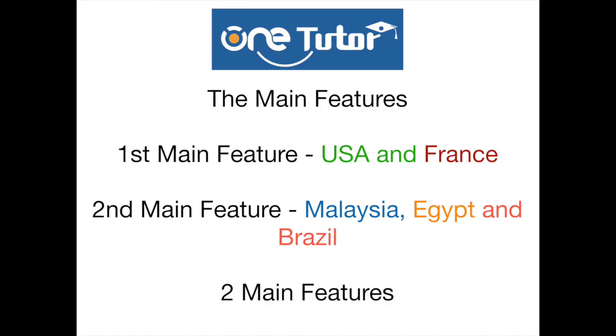So that's possible. And the other main feature: Malaysia, Egypt, and Brazil. That's one possibility to say two main features. And that is actually how I would answer this question. However, if I saw someone say there were three main features and I was marking their essay, I would also say it was okay. So what are those three main features here?